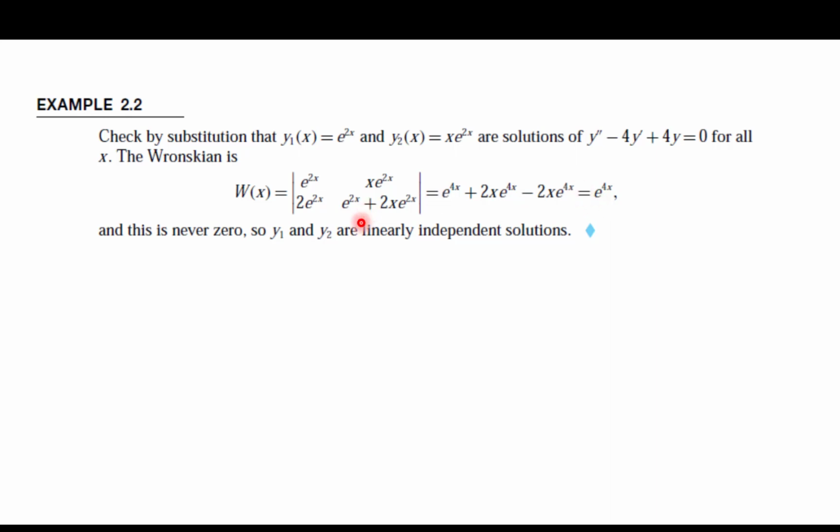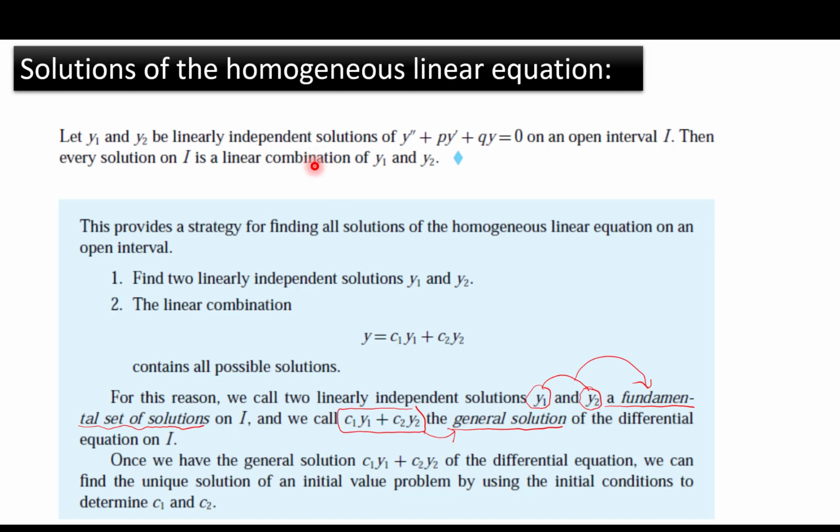Okay, now let's put a strategy for the solution of the homogeneous linear equation. Let y1 and y2 be linearly independent solutions of the linear second order homogeneous equation y double prime plus p y prime plus q y equal to 0 on an open interval I, the interval that we're talking about.